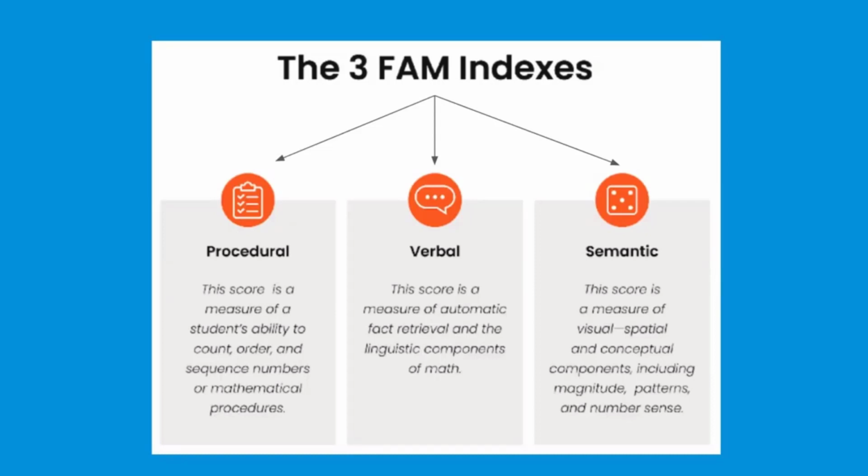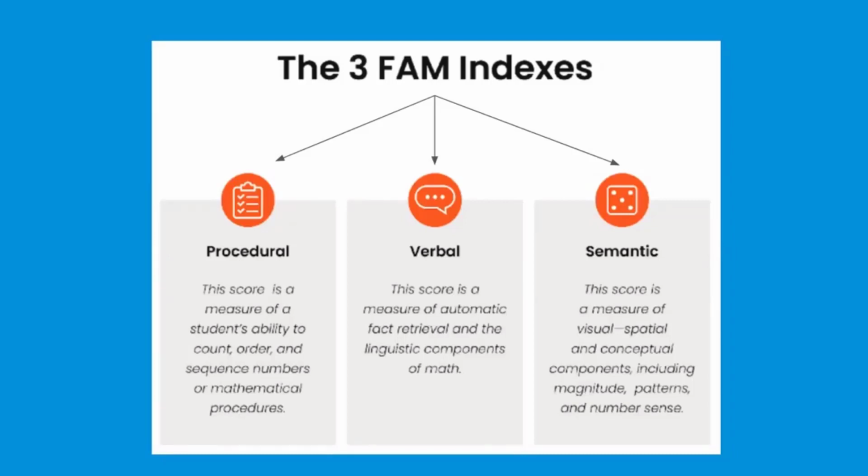If we see below-average scores in all three, you could say that dyscalculia is severe and affects their everyday life, from telling time to getting from point A to point B to counting cash back at the store, on and on. If lower scores exist in only one or two indexes, the student would be considered to have mild or moderate dyscalculia.